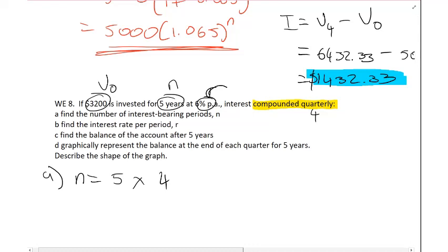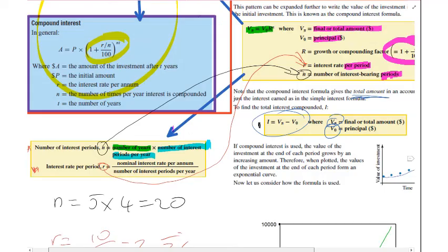Let's highlight those in 2 different colors. Let's put the 5 years as the blue. So that's going to equal 20. Part B, find the interest rate per period. Again, this formula now: interest rate per period is the nominal interest rate per annum divided by the number of interest periods per year.